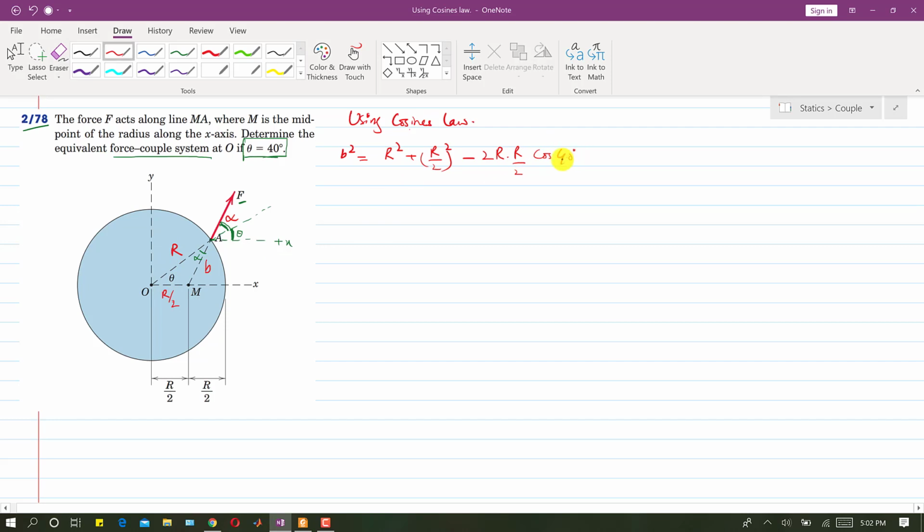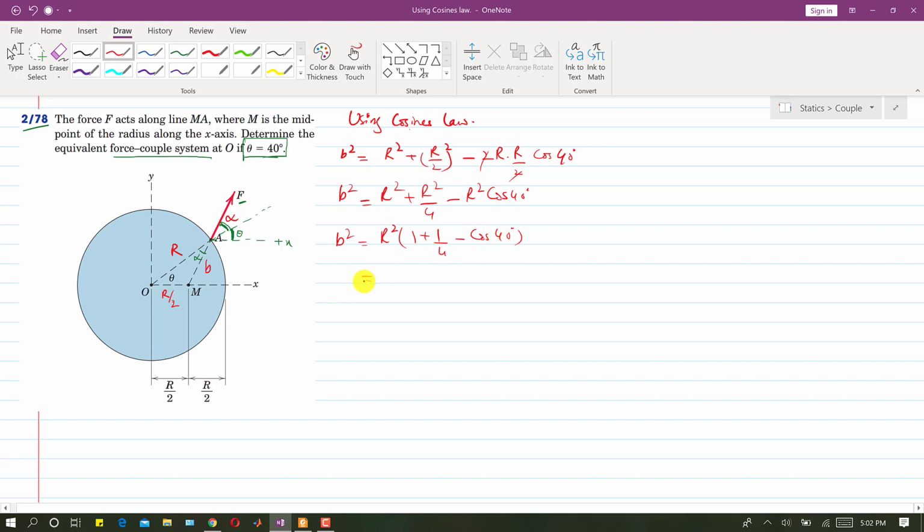So B square will be equal to R square plus R square by 4, minus R square cos of 40 degrees. If I take R square as common, it will be 1 plus 1 divided by 4 minus cos of 40 degrees.